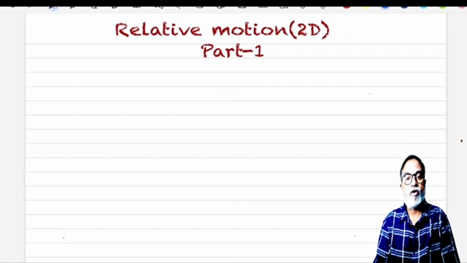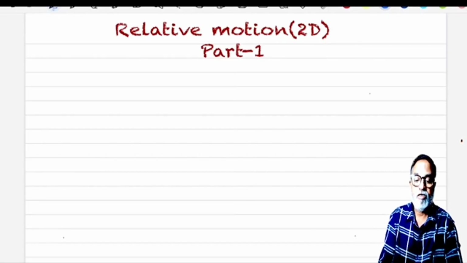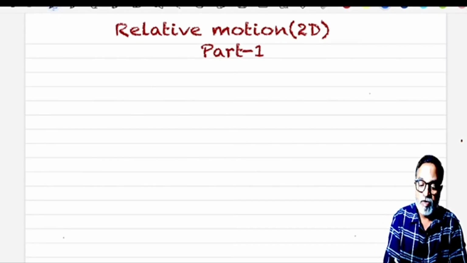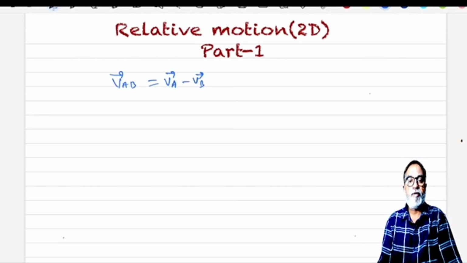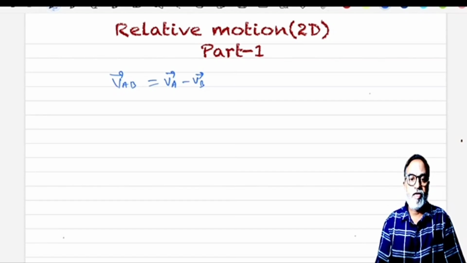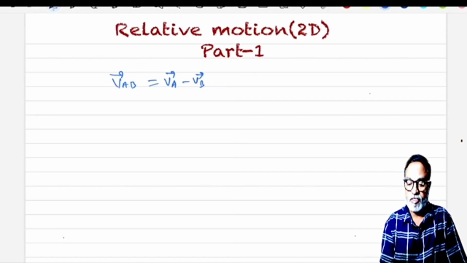In this video, we are going to discuss relative motion in 2 dimension. This is part 1. In 1 dimension motion, velocity of A with respect to B is VA bar minus VB bar. In 1 dimensional motion, they are moving either in the same direction or in opposite direction.